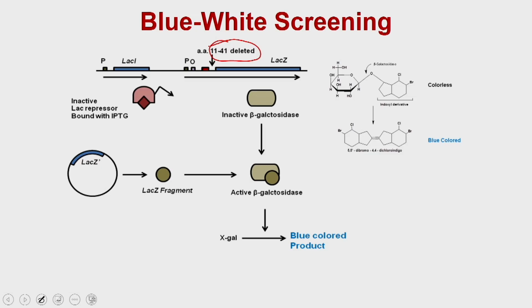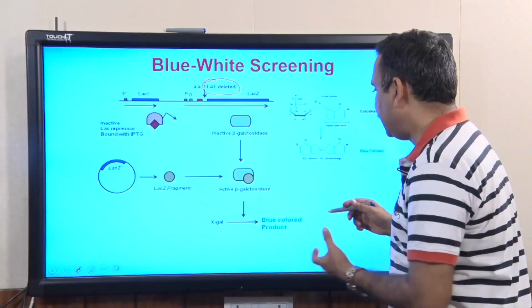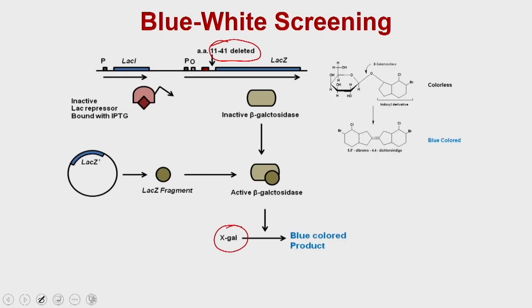So, in a typical scenario, if you transform the vector alone, the vector is going to give you the functionally active protein, and that is how the X-gal is going to be processed to a blue colored compound.